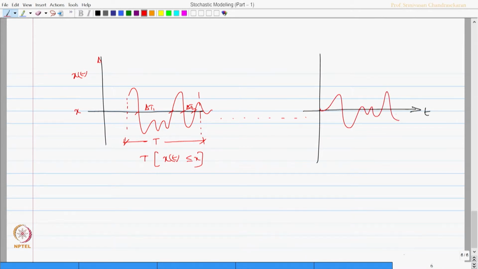So, I can keep on estimating the values, delta t n etc. So, what I have marked here is the contribution fulfilling this expression over a record length of T.